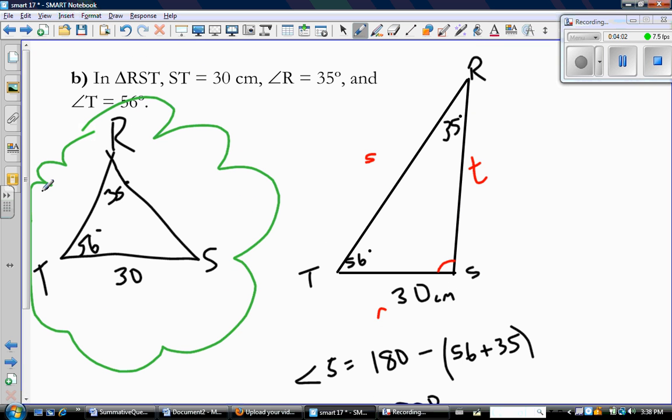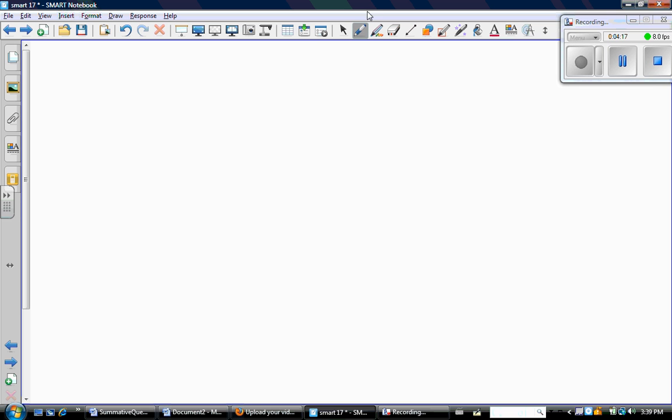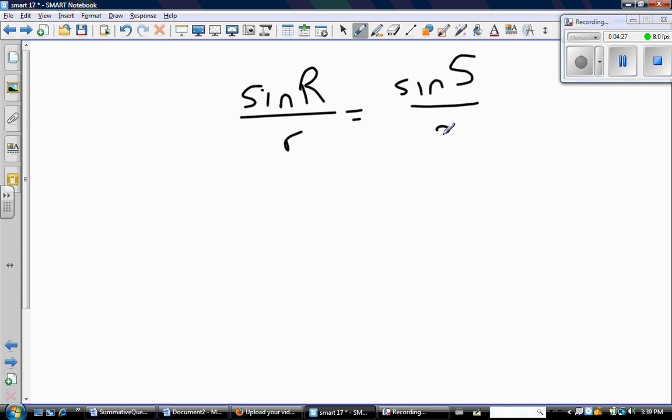So how are we going to find the lengths of S and T? Well, we can now use the sine law. We could have used the sine law from the beginning, because we know both angle R and side R, so we can easily use it. Let's set that up. Sine of angle R over small r is sine of S over small s, and also sine of T over small t.